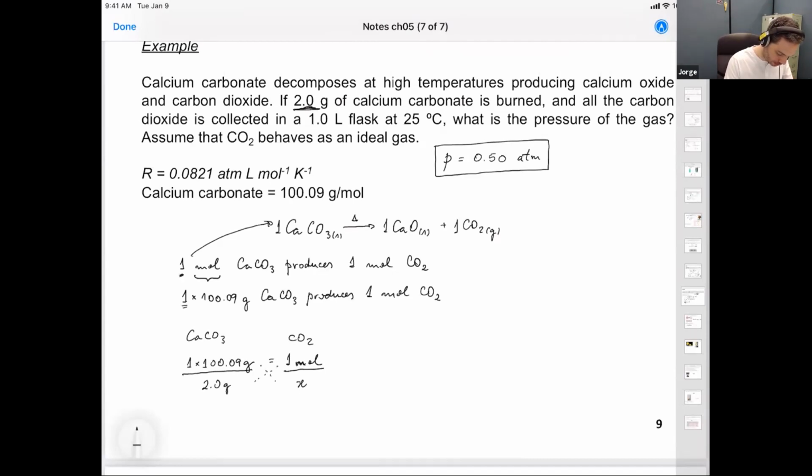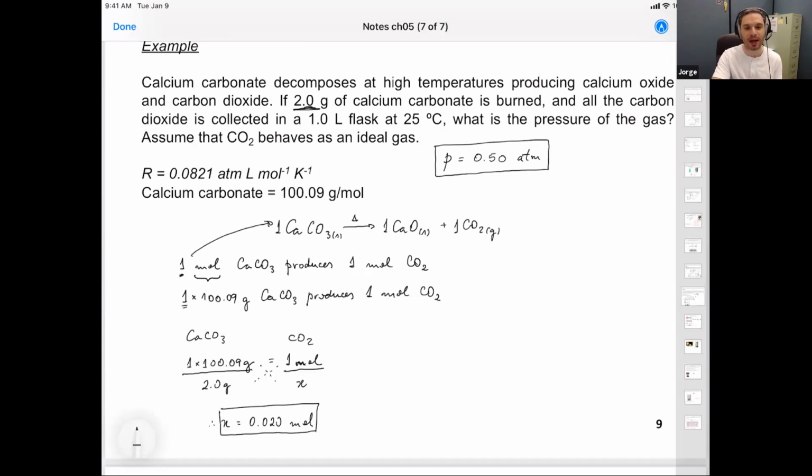Cross multiplication, we are going to end up that the number of moles of CO2 produced is 0.020 mole. Okay, so from 2 grams of calcium carbonate, we are going to produce 0.020 mole of CO2 gas.